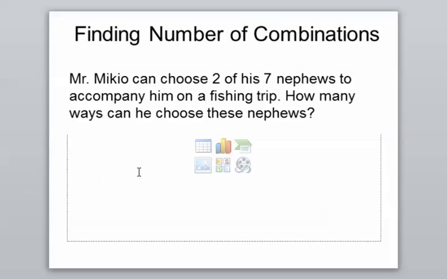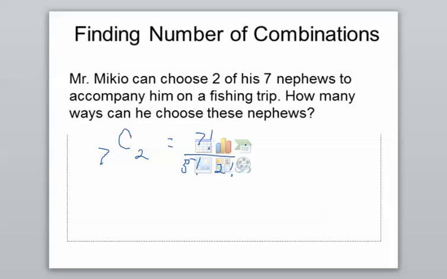Okay, so Mr. Miko can choose two of his nephews to accompany him on a fishing trip. How many ways can he choose these nephews? Well, in this situation, we have 7 nephews. We're going to use the combination of 7 taken 2 at a time. So let's see if we can work this out. That's going to be 7 factorial divided by 7 minus 2, which is 5 factorial, times 2 factorial.